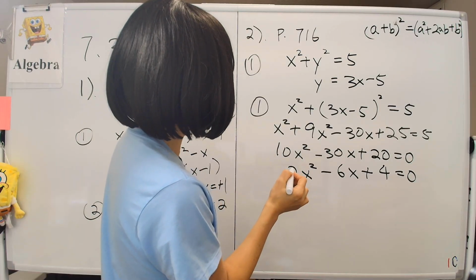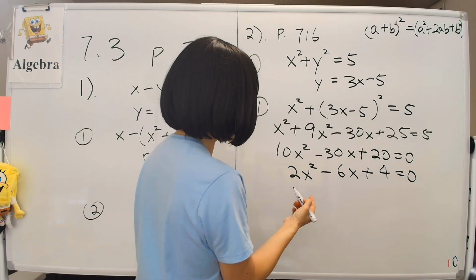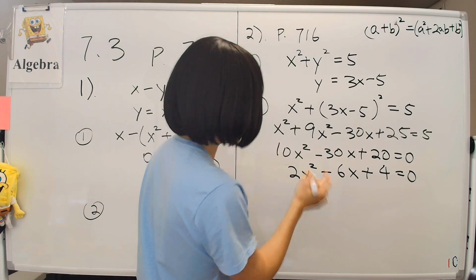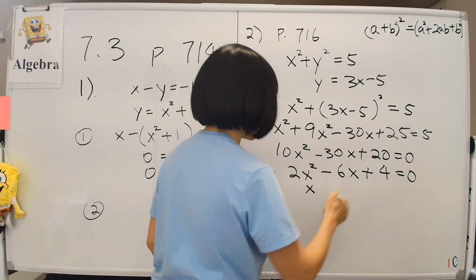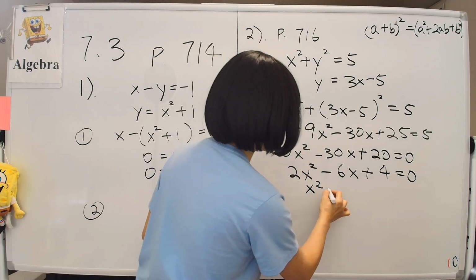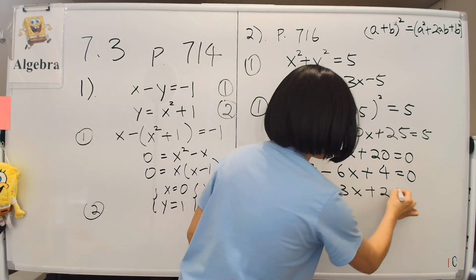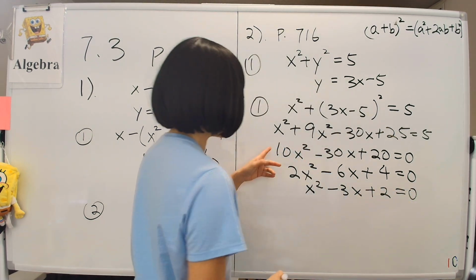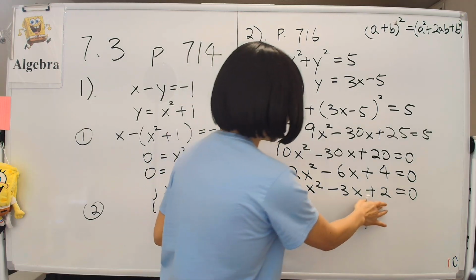No, that was not good enough, because I still have even numbers. I should have divided by 10. Well, anyway, let's divide by 2 now. Originally I should have divided by 10. So this is x squared minus 3x plus 2. That's the simplified form if I had divided by 10 in the beginning or by 2 right here. Either way, we get this.